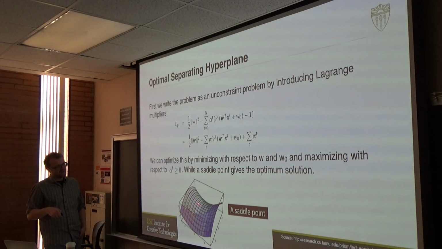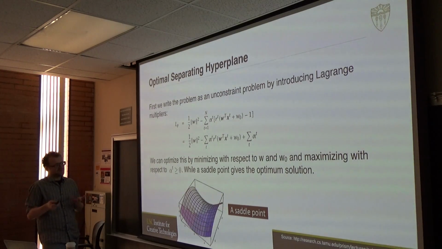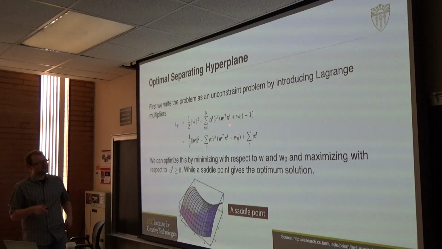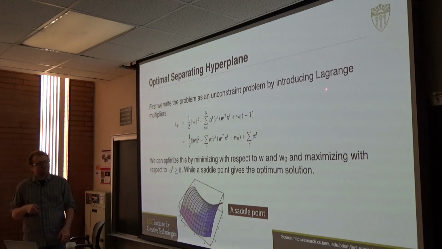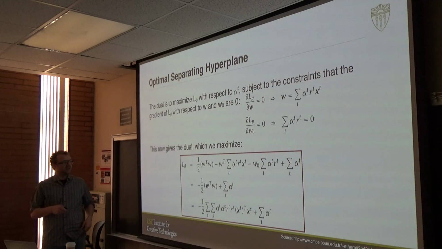The optimum will be a saddle point here in the middle where we have an optimal solution in all directions. The cool thing is that we need to optimize for w and w0, and if we set to 0, a lot of these terms will fall away. So that's the idea when we write this that way.